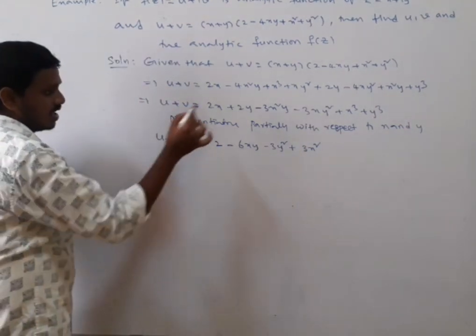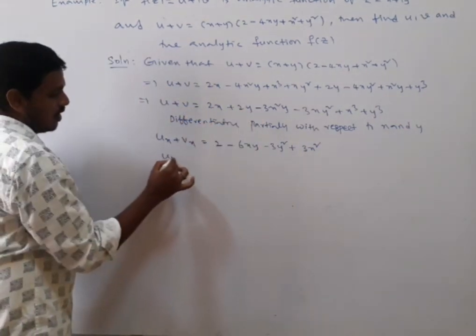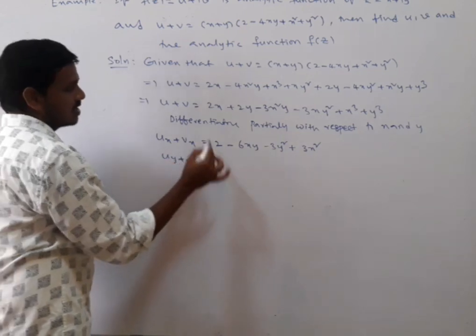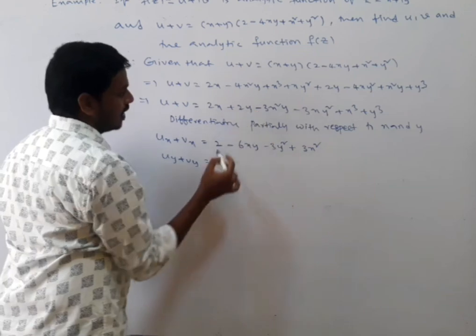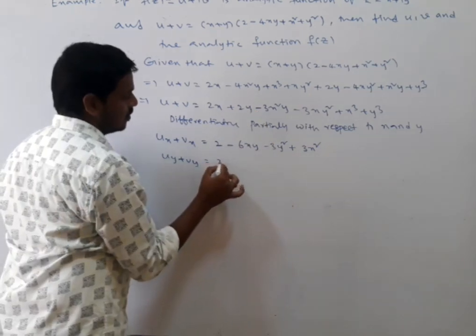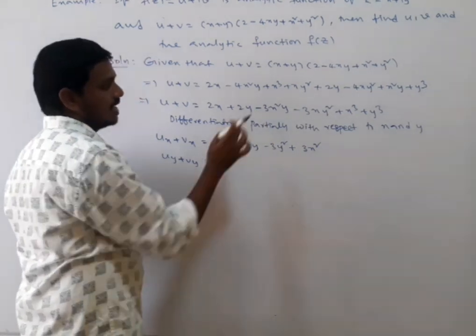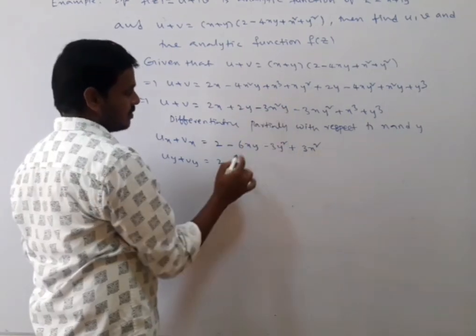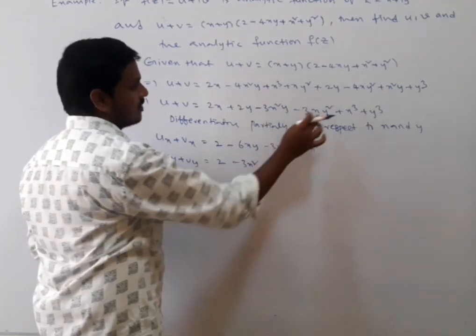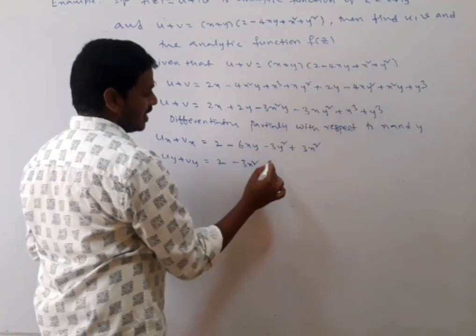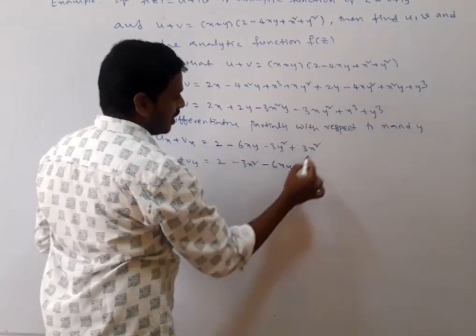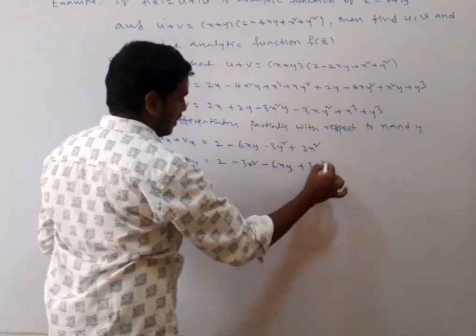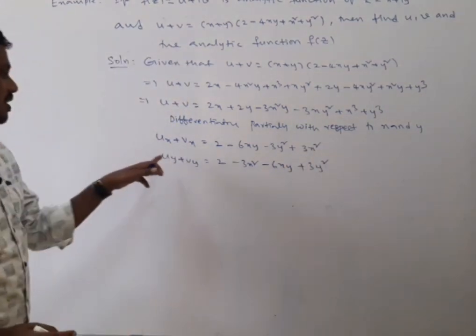Next, differentiating partially with respect to y, uy + vy equals: derivative of 2x is 0, derivative of 2y is 2, next minus 3x²y with respect to y is minus 3x², y² derivative is 2y, so 2y into minus 3x is minus 6xy, plus x³ derivative is 0, y³ derivative is 3y². This is ux + vx, uy + vy.